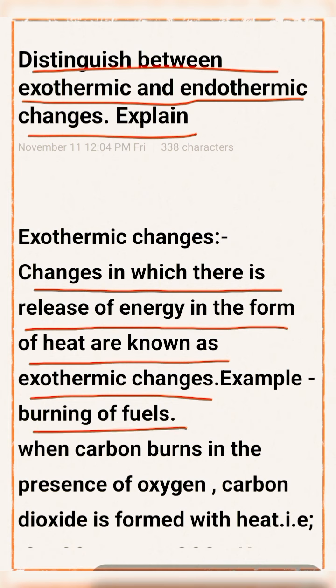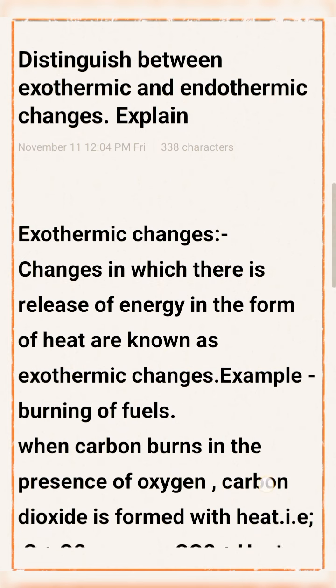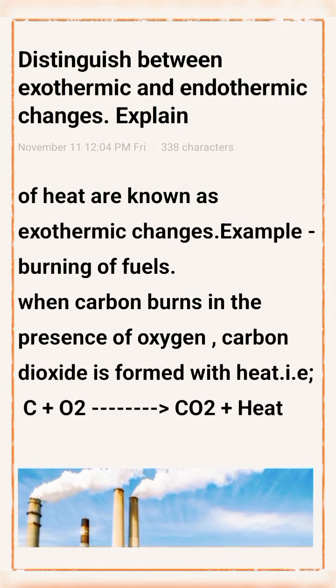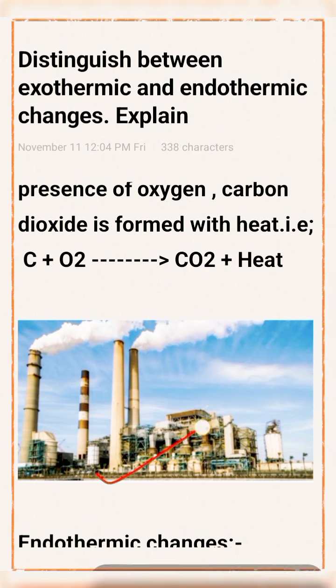When carbon burns in the presence of oxygen, carbon dioxide is formed with heat. That is, C plus O2 forms CO2 with heat. This picture is the picture of exothermic change.